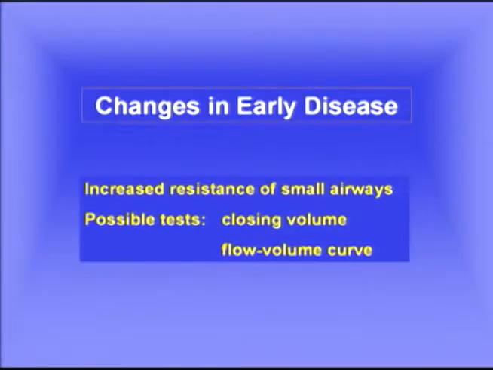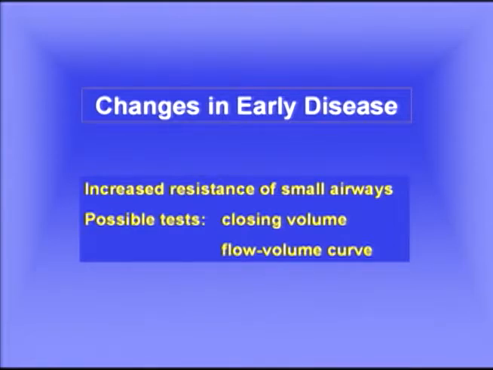Now, there's a lot of interest in trying to detect changes in early disease, because unfortunately, particularly in emphysema, once we get breakdown of the alveolar walls, there's nothing you can do about that. And in general, patients with COPD do not respond to therapy particularly well. And so the hope is to catch these patients in an early stage.